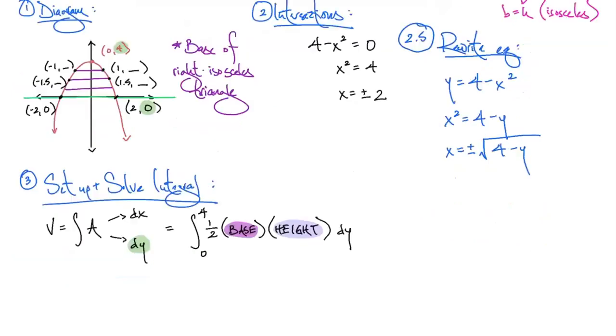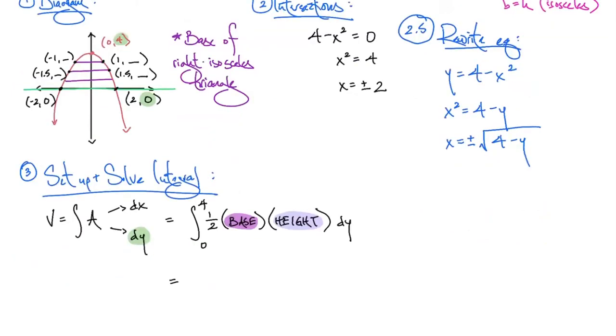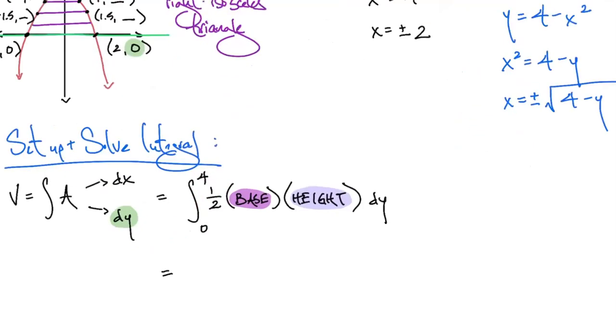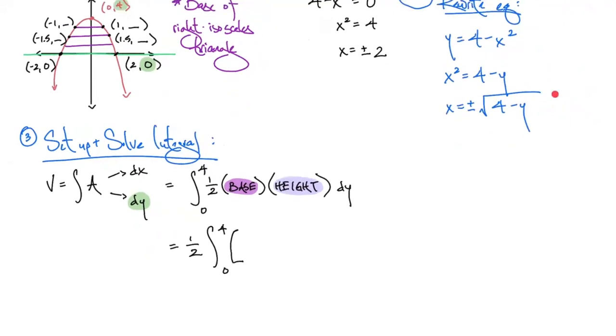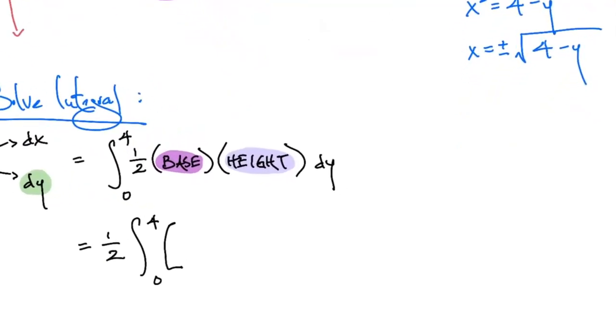So here's what we're going to do. We're going to go to our equation. We have a few things. 1/2 is a constant, so I'm going to bring that out to the front. The integral from 0 to 4. The base is going to be the positive square root of 4 minus y minus the negative square root of 4 minus y, because that is right curve minus left curve.